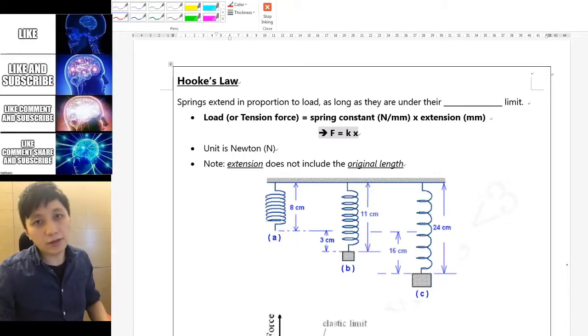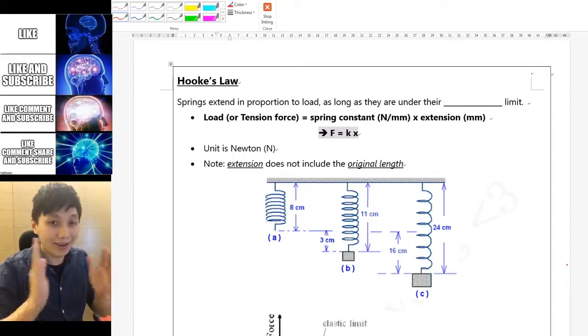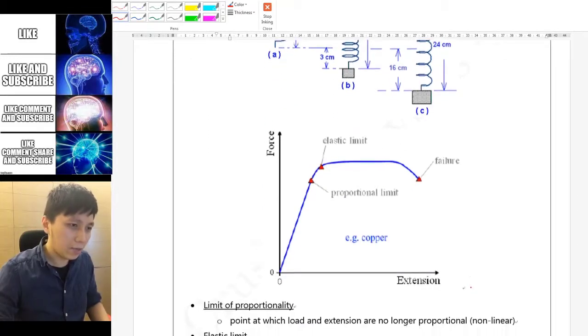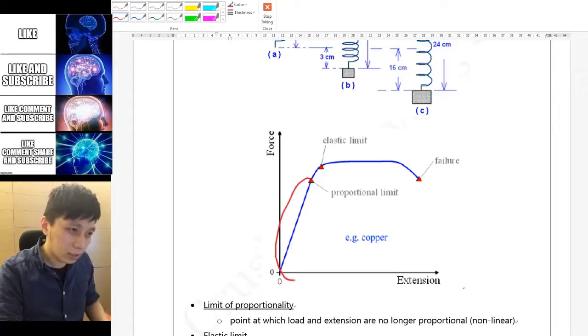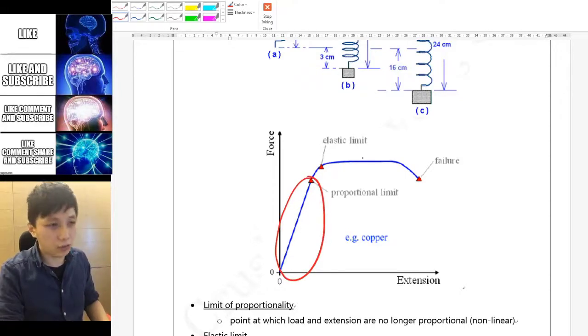Spring, however, is something that obeys Hooke's law at the beginning, and so that is why here this is a graph that is based on the behavior of the spring that we use, but then we can only apply Hooke's law in this first part only. So for the later part, it doesn't obey Hooke's law anymore.